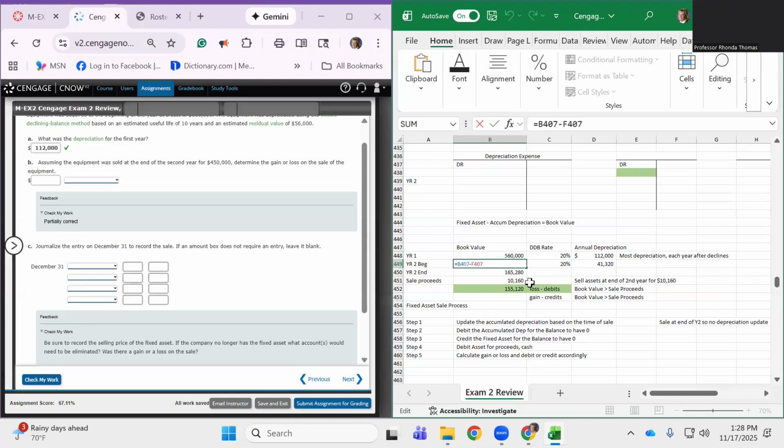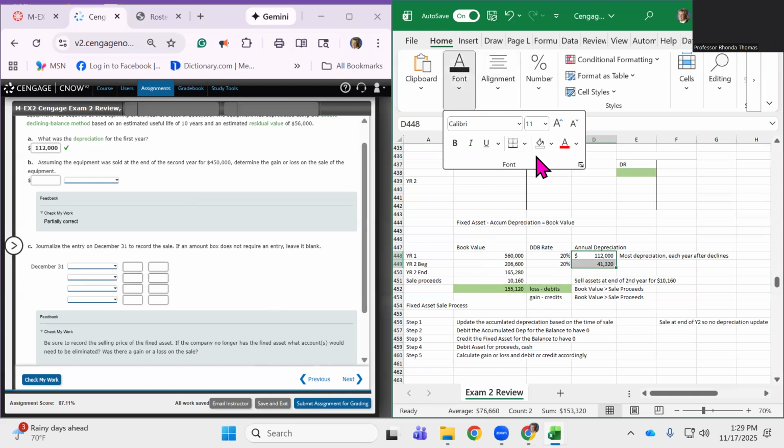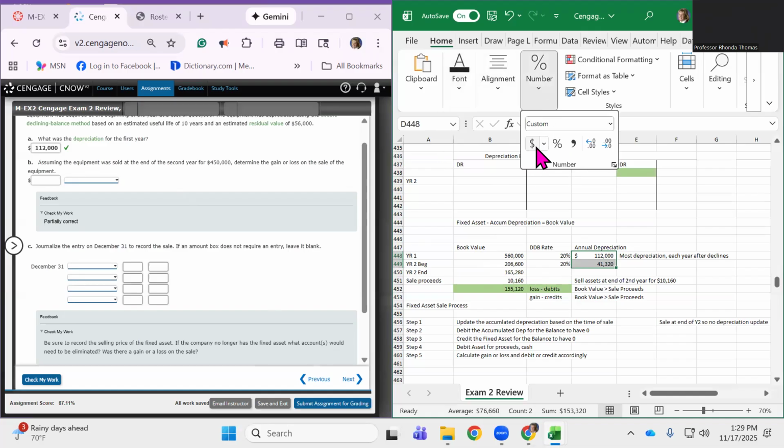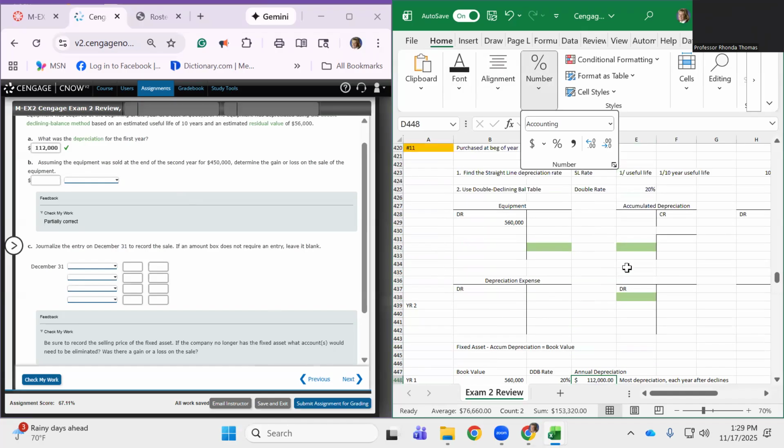Every time we depreciate it, a new book value is going to come in. So here are the amounts of the annual depreciation for the first 2 years. This is called accelerated depreciation. So you accelerate it, you use the most the first year.